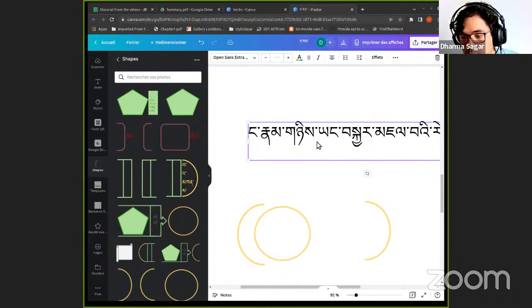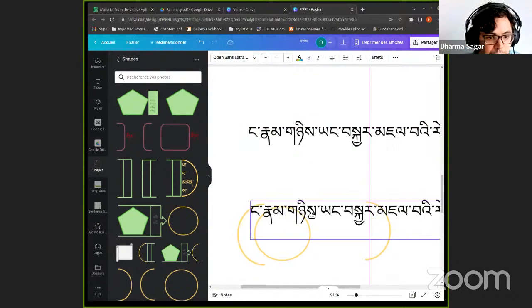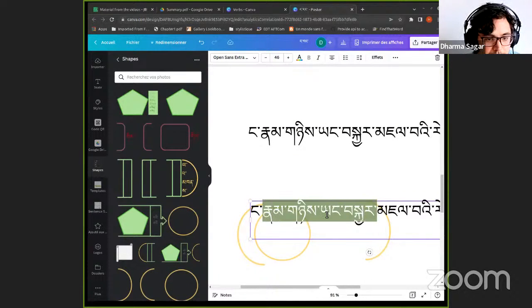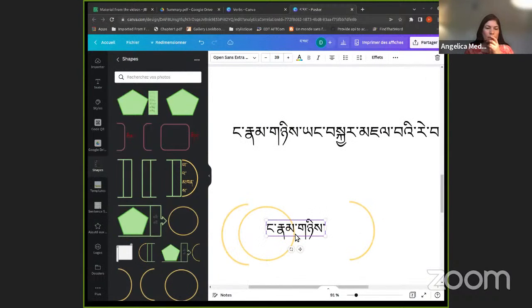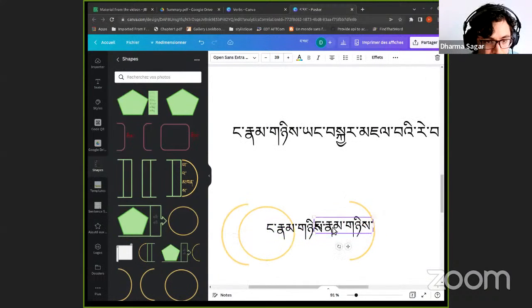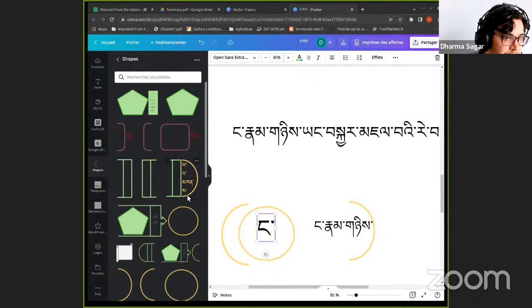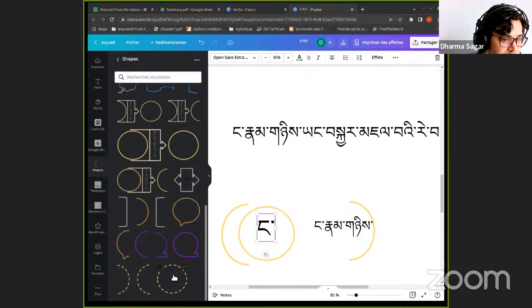Now it stands here as a noun. And then we have an adjective, which has this shape.